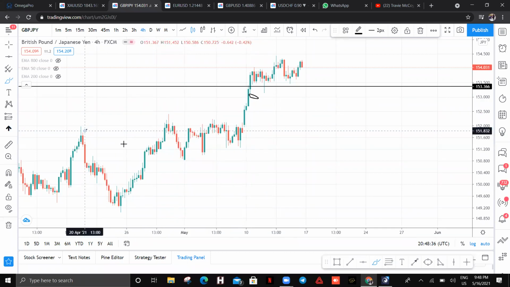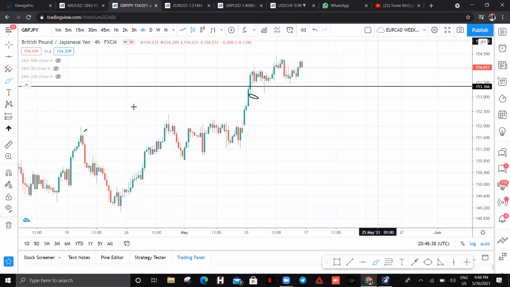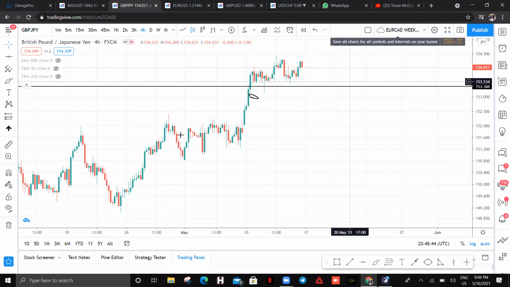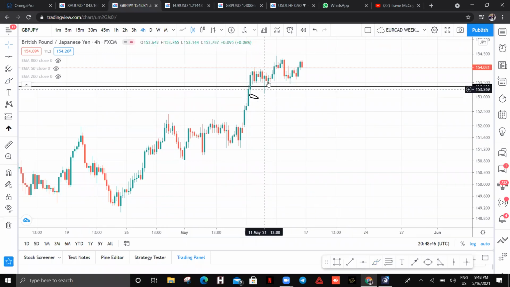Sorry, I need to close this. Let me delete that. So even if it took you out from here and this one closed here, you have a better entry to take your buy, and your stop loss will still be below this weak candle here.